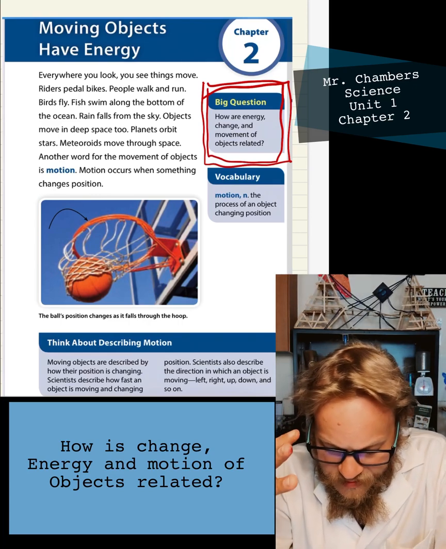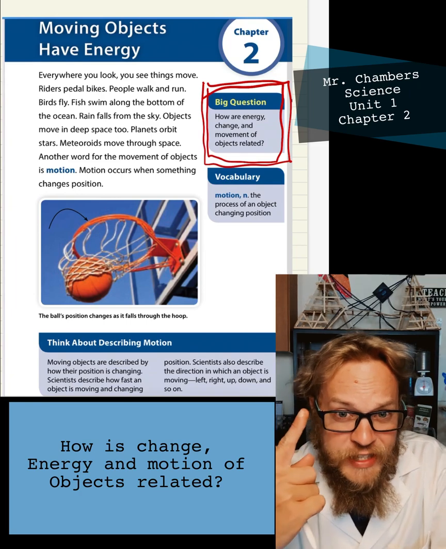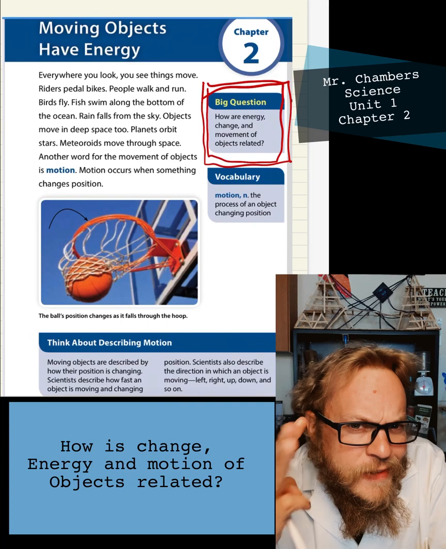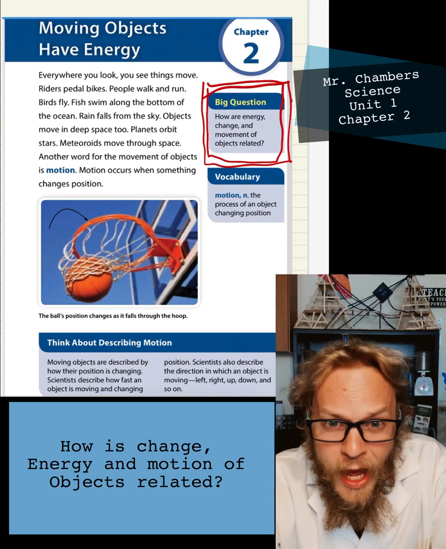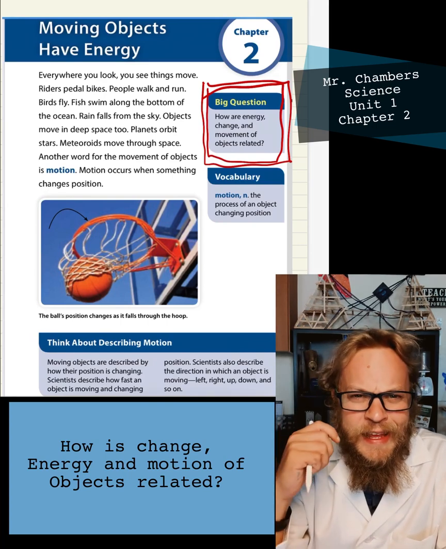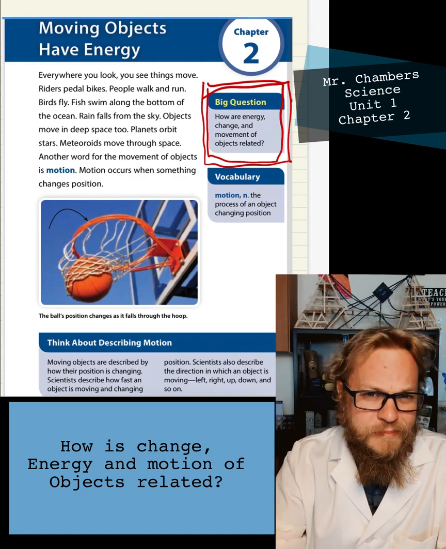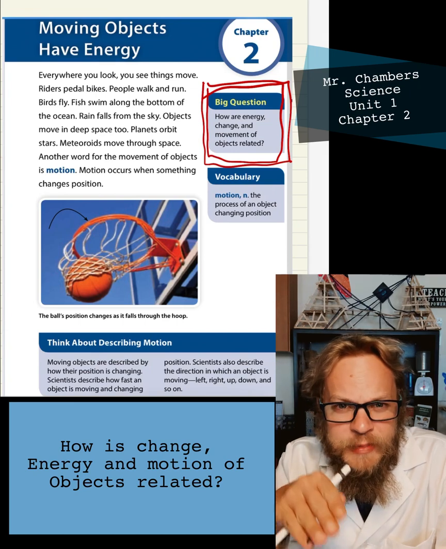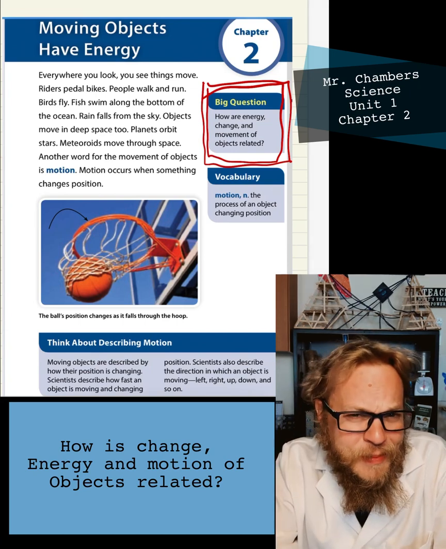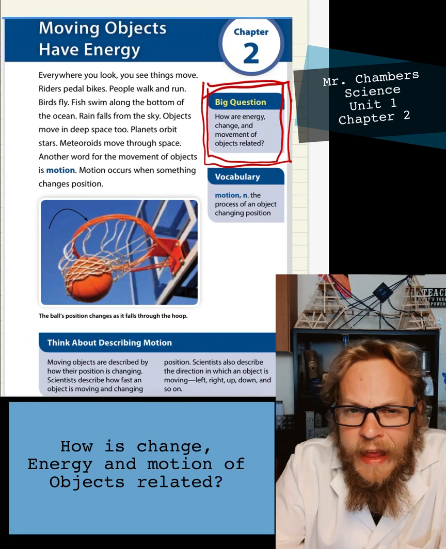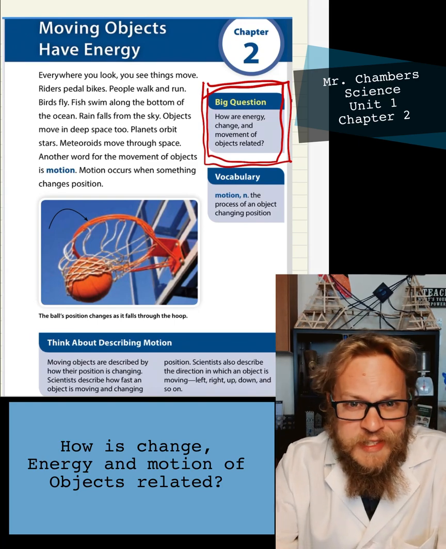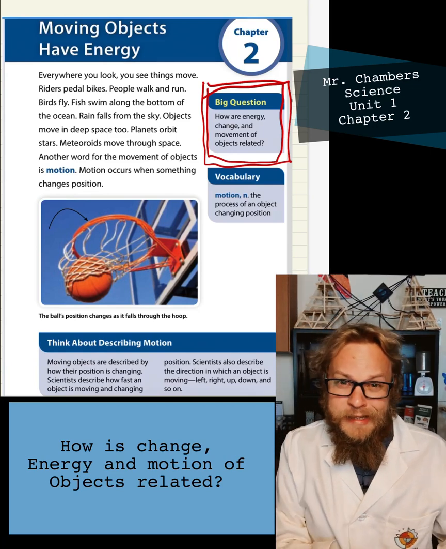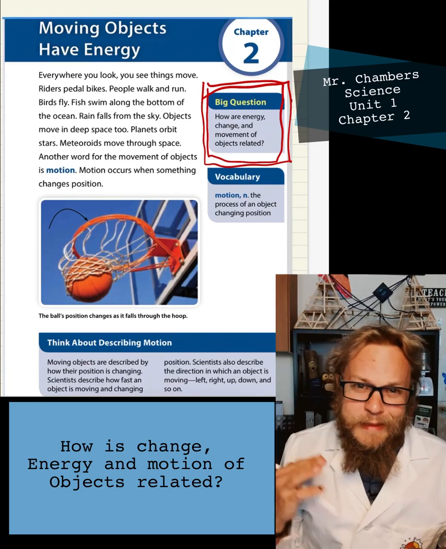So there's 3 things we're looking for. We're looking for the energy. We're looking for the change, the movement of objects. An object, for science, we're using objects that are still inanimate. An inanimate object, such as a water bottle, such as a keyboard, something that is not moving.